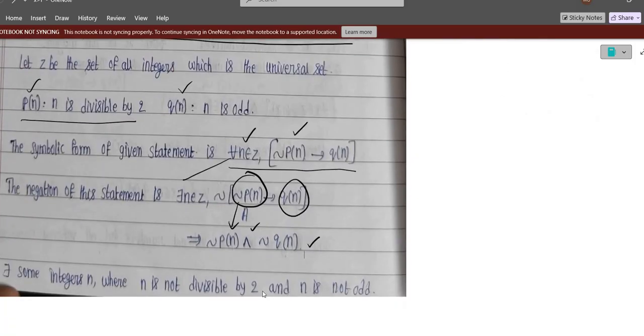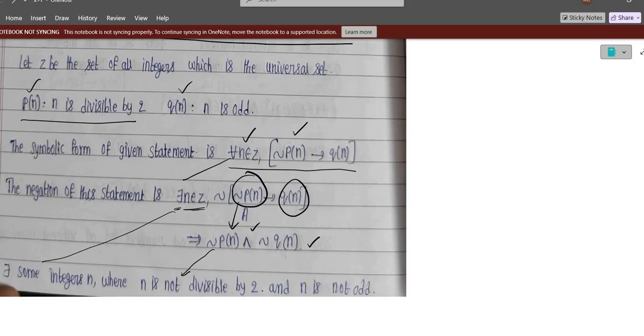Now I am going to write this in word form. Negation is there. That's why not will come. So there exists is there. That's why some integers n belongs to Z means n is an integer where n is not divisible by 2.